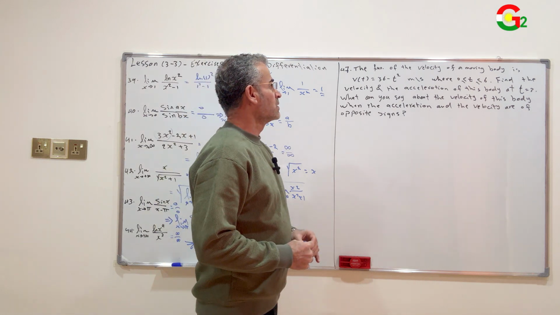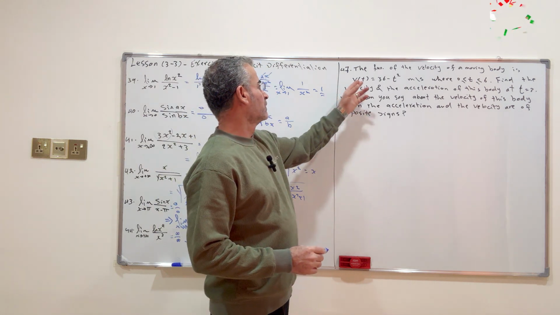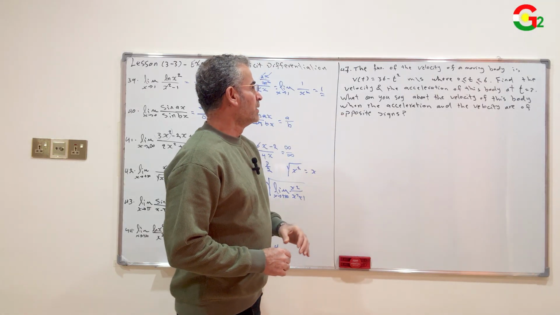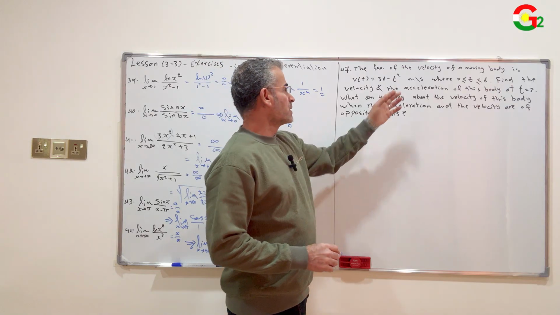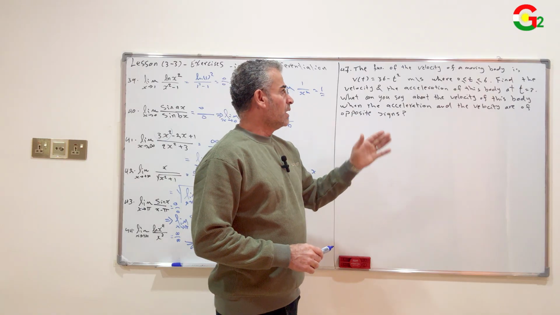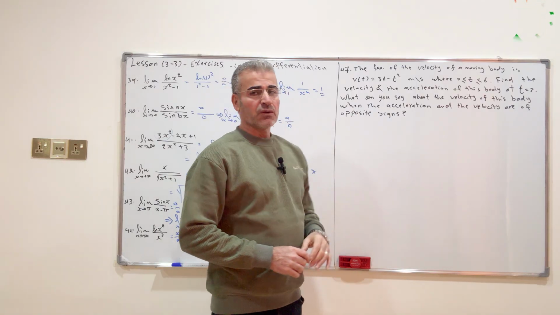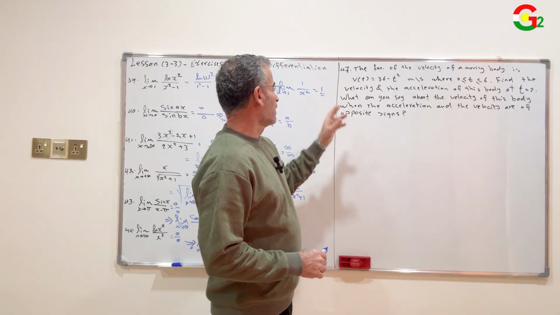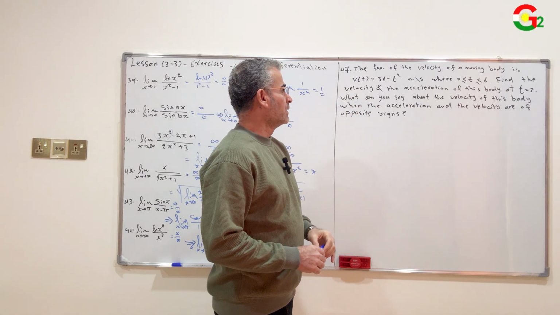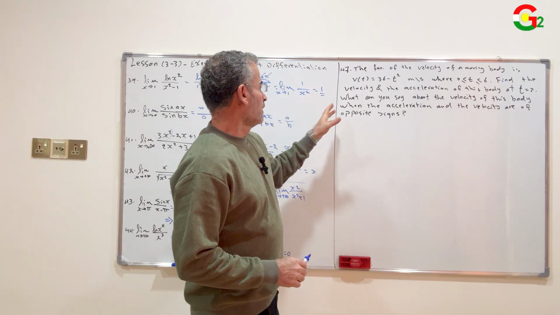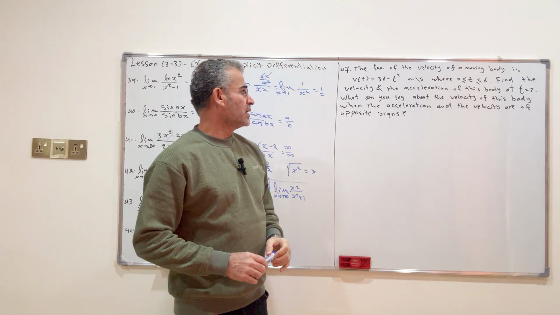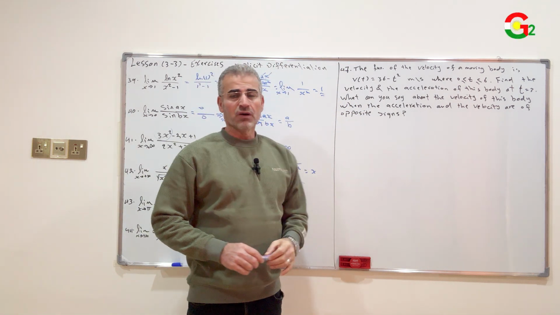The function of velocity of a moving body is v of t equal 36 minus t squared meter per second, where t between 0 and 6, greater than or equal 0, less than or equal 6. Find the velocity and the acceleration of this body at t equal 3. Then what can you say about the velocity of this body when the acceleration and the velocity are of the opposite sign?